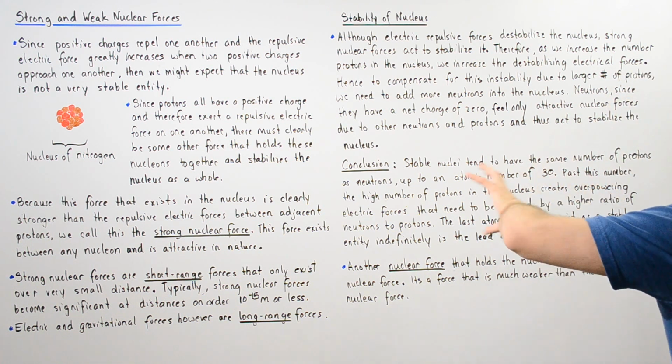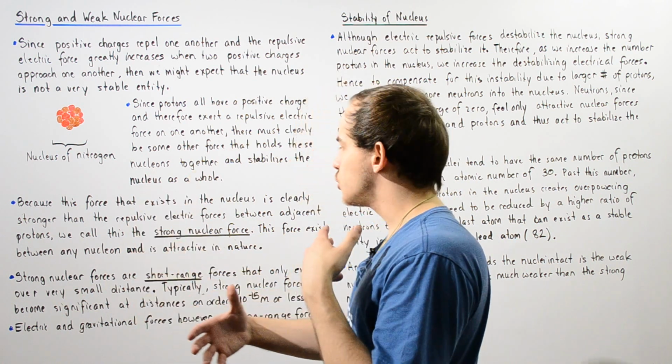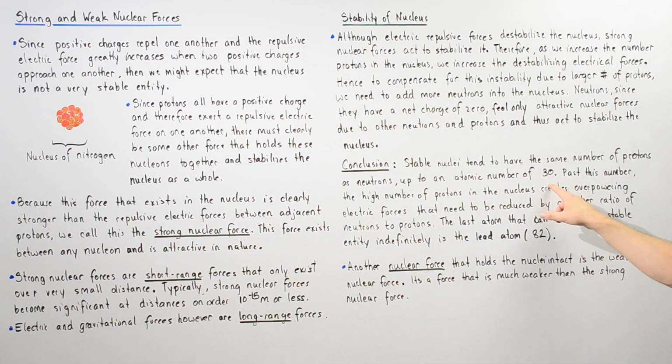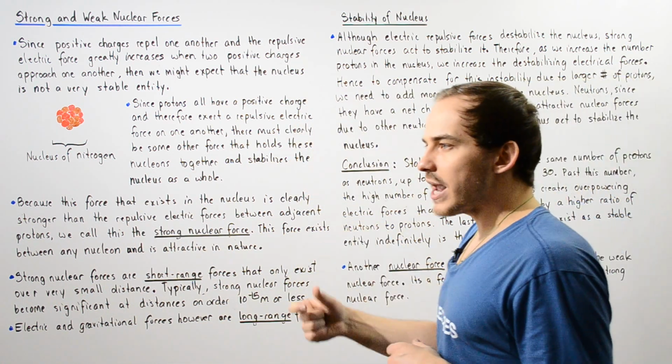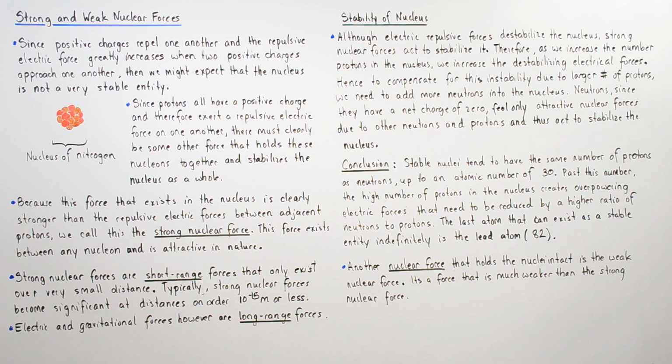So at 30 or below, the ratio of neutrons to protons is 1:1. When we go higher than 30 protons, the ratio of neutrons to protons becomes greater than 1.